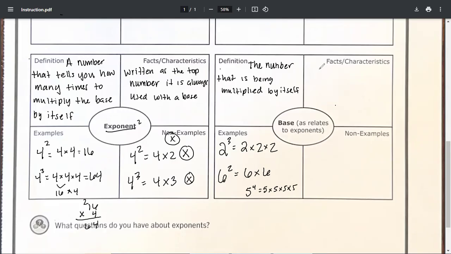Okay. So some characteristics: B for base, and then B for the big number. That's what I used to say when I was younger. B for base, B for the big number. It is always the larger number.